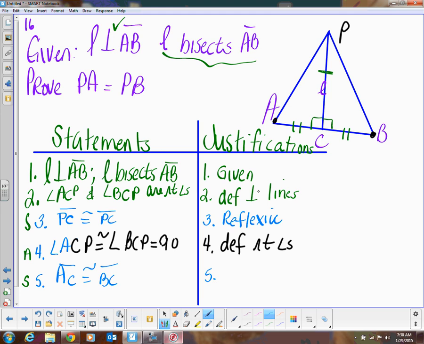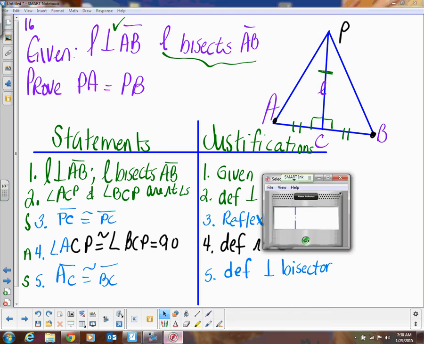What kind of bisects? Because they gave us perpendicular here and bisects there, I'll give it to you. I would accept definition of perpendicular bisector. What else would I have accepted? Segment bisector.